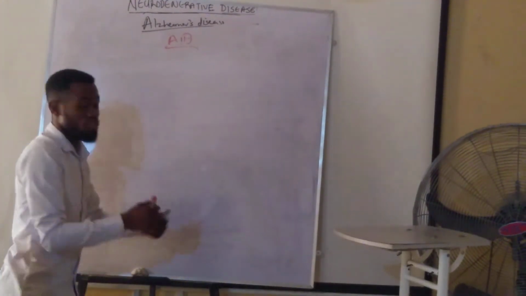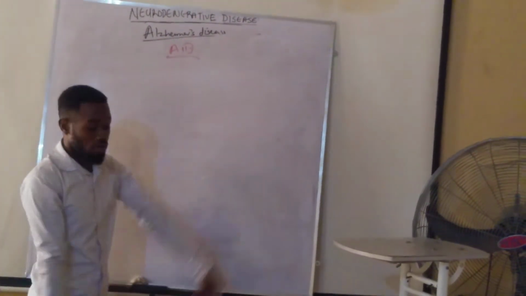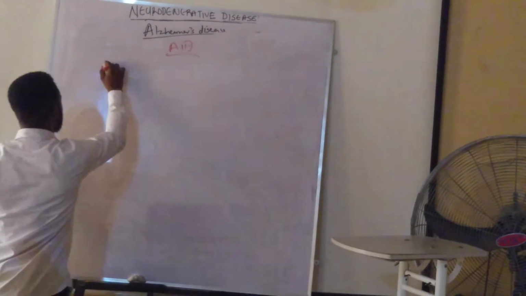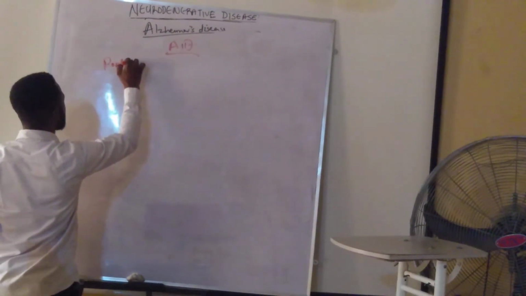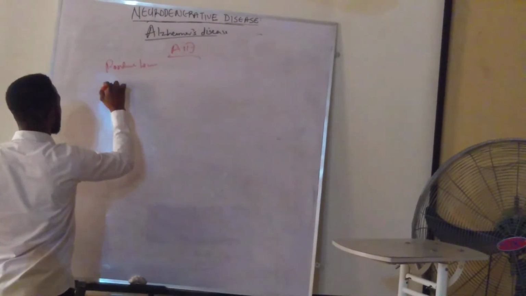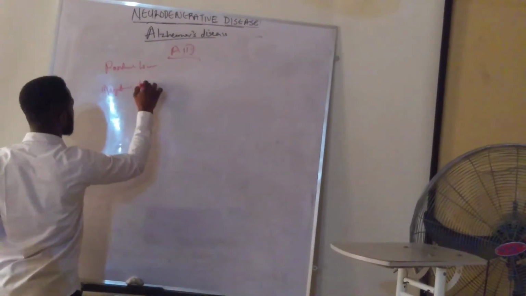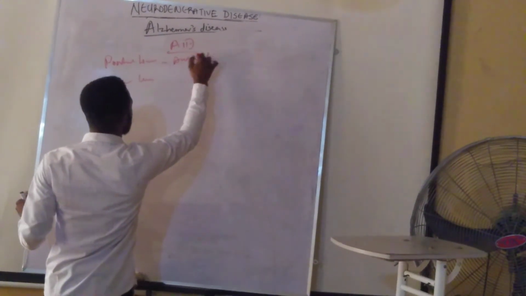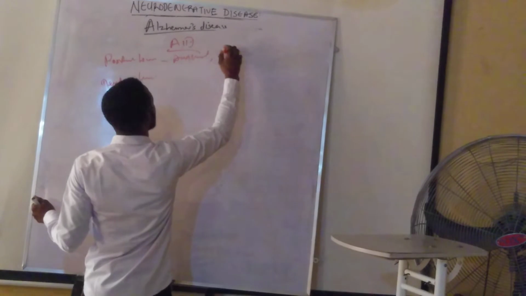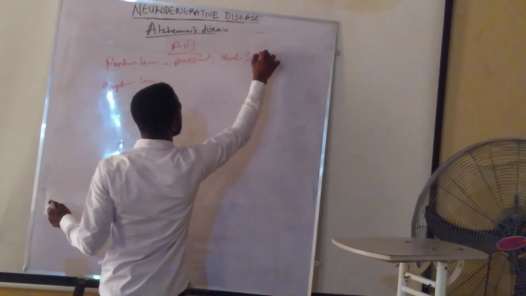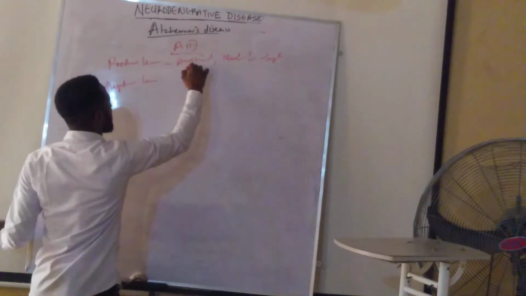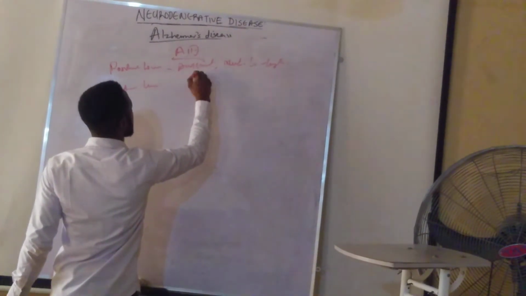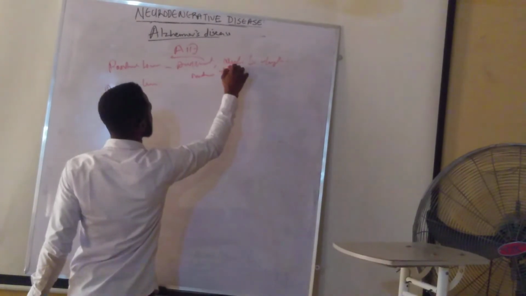And we talked about the neuropathology of Alzheimer's disease, giving two examples basically, which are the positive lesions and the negative lesions. Under the positive, we have the amyloid plaques, we have neurofibrillary tangles, we have neurites, threads, and so on.